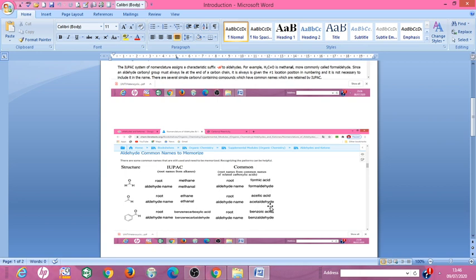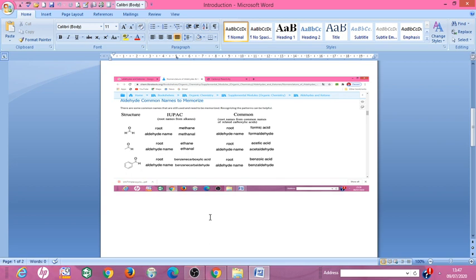Similarly, propionaldehyde, butyraldehyde, etc. and the IUPAC nomenclature is methanal, ethanal, propanal, butanal, etc. In case of aromatic compounds, the common name of this compound is benzaldehyde. Similarly, the IUPAC nomenclature is also benzaldehyde.